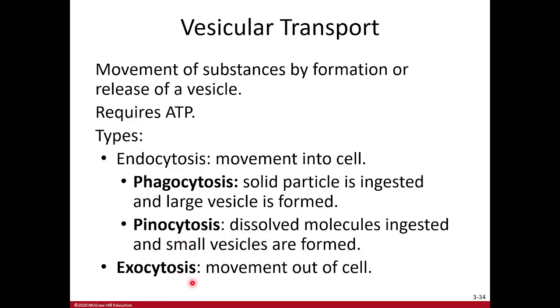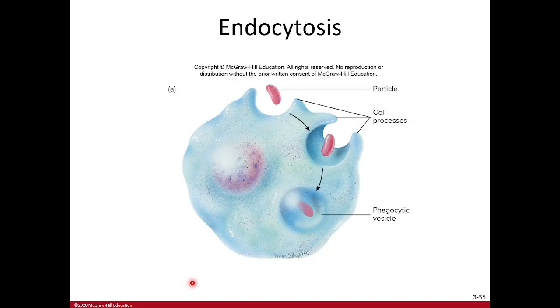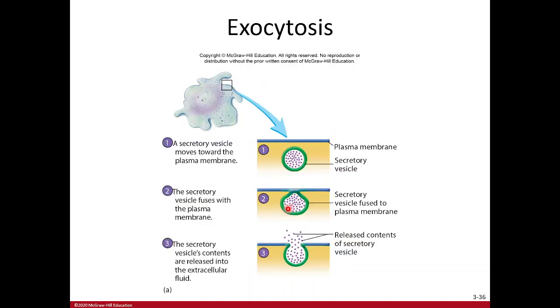And exocytosis is the movement of particles out of the cells. So in here we have endocytosis: you have a particle, and this particle is going to be transported into the cells by these vesicles. Exocytosis will be extruding molecules.